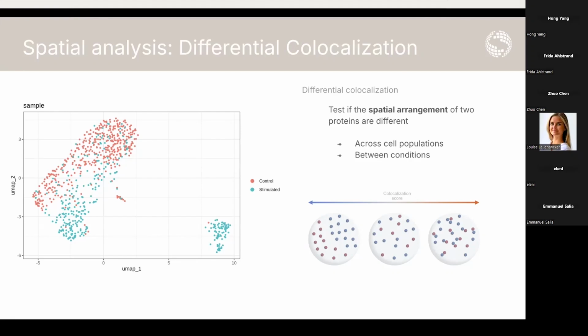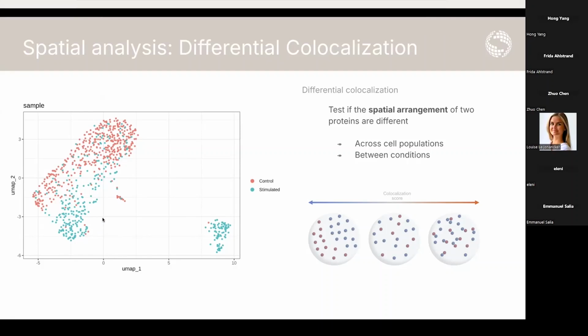So instead of defining these populations that we're used to working with, such as different subsets of T cells, we can use spatial organization of proteins to define different subsets.